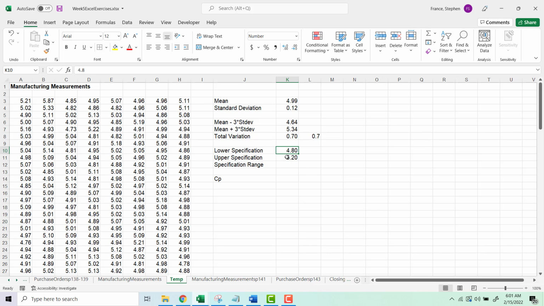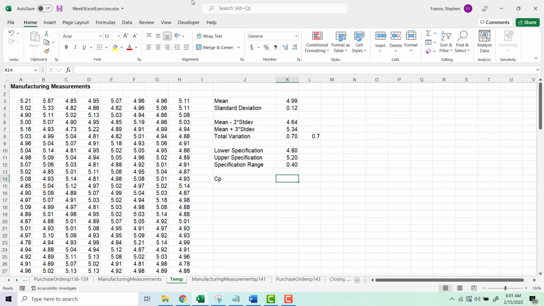So ideally, we'd want this 99%. I think if you look in the book on page 140, we're looking at about 99.7%. So we ideally want 99% of our measurements to fit in this range. So this range should actually be bigger than our Six Sigma. So ideally, this range should be bigger than the 0.7.